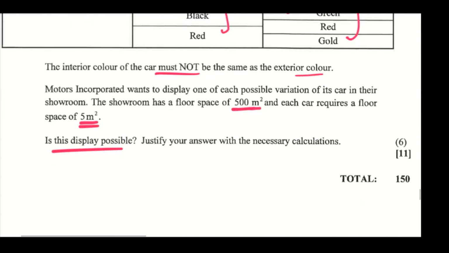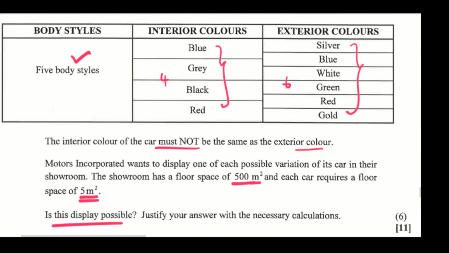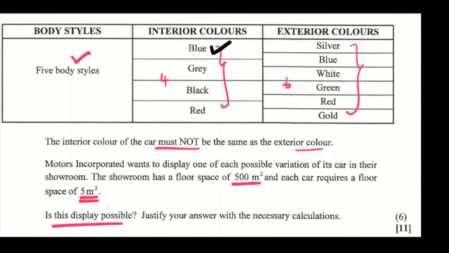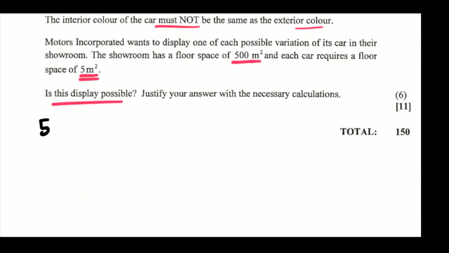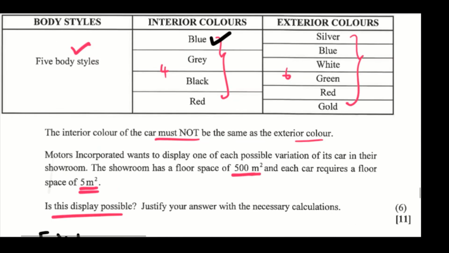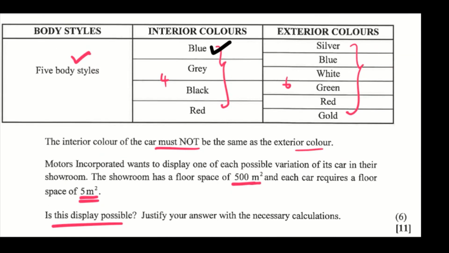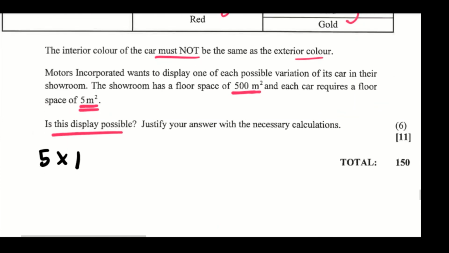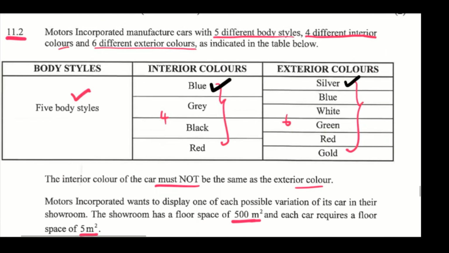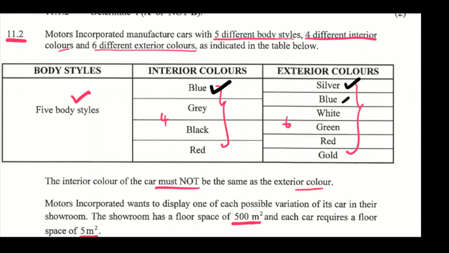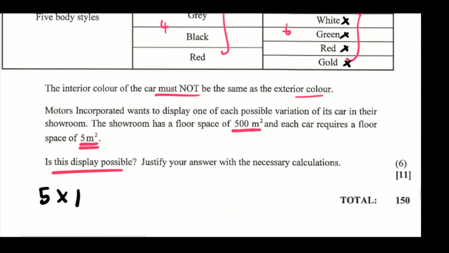If we begin by saying we have 5 body styles and we choose one color here, let's say we choose blue, then we can't choose blue here now at the exterior color, so we can choose silver, right? And when we choose silver, how many colors do we have left? We have 1, 2, 3, 4, 5. So there's only 5 colors left, right? So that is the first option.